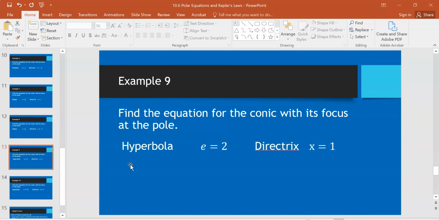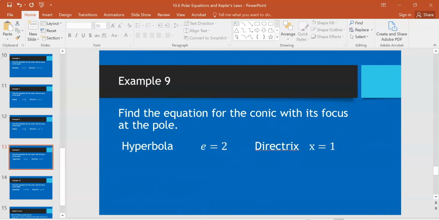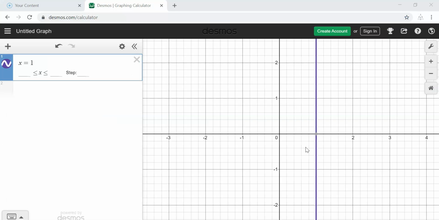Let's do one more. Let's take a hyperbola with eccentricity of 2, whose directrix is at x equals 1. Go ahead and push pause on the video and do that. So if you graph x equals 1, you get a vertical line again.